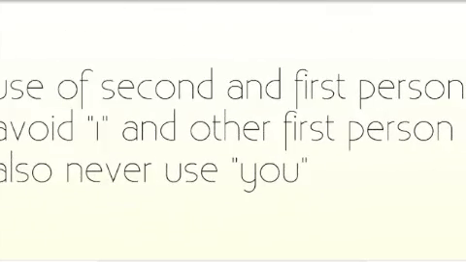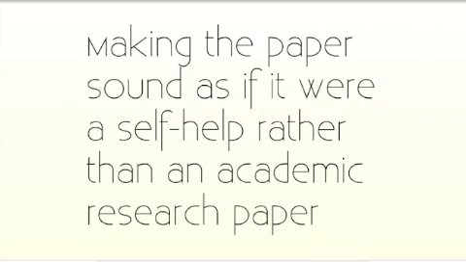Use of second and first person. Avoid I or we and other first person pronouns. Do not use those. Do not use the first person in there at all, and never use you. Never use that, because what happens is exactly what comes up here. It sounds like a self-help paper rather than an academic research paper. The paper is not about you or what you think.